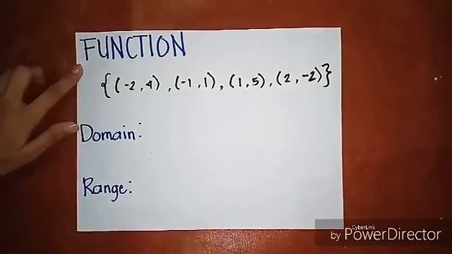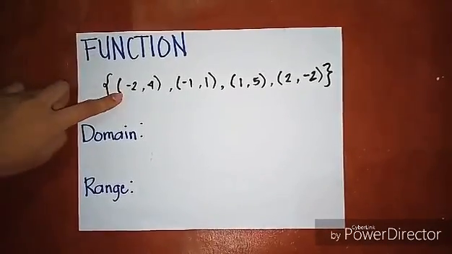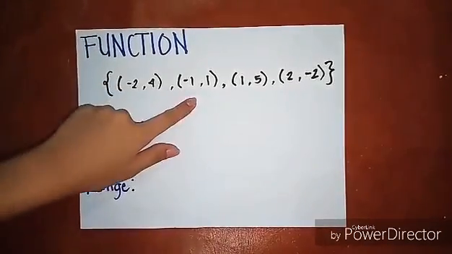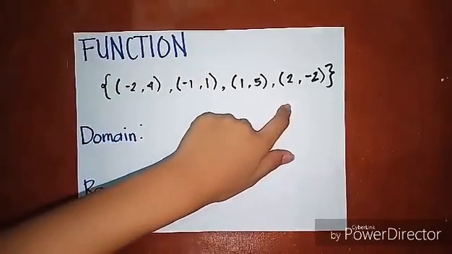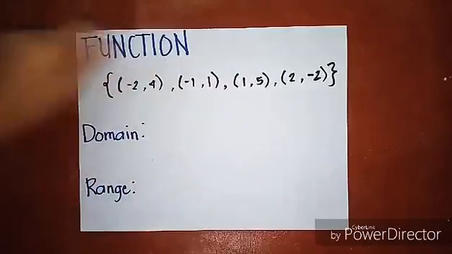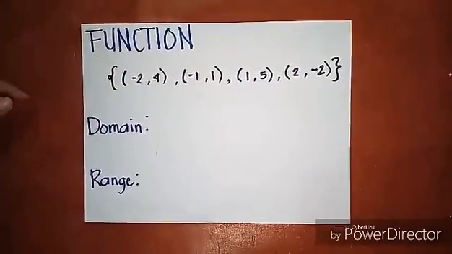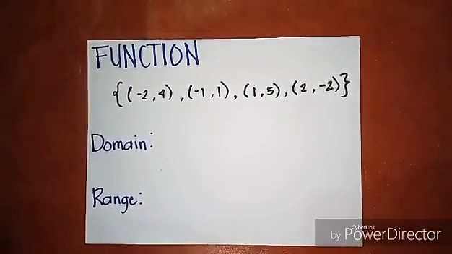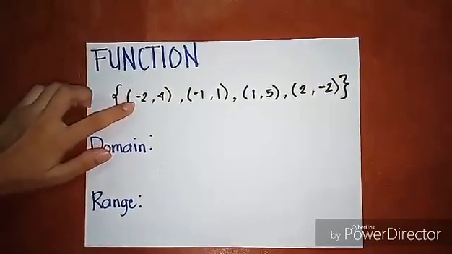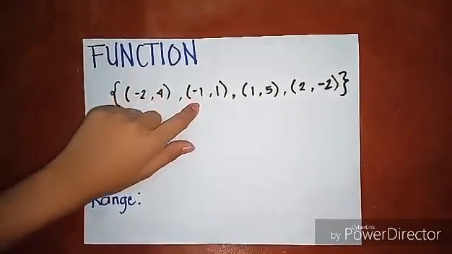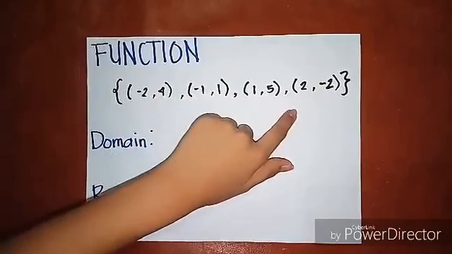This is an example of a function: (-2, 4), (-1, 1), (1, 5), and (2, -2). The domain of the function is a set of x values: -2, -1, 1, and 2.